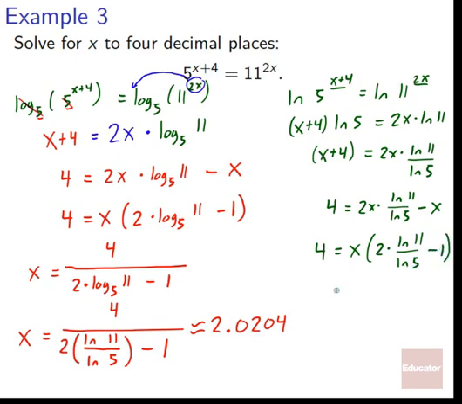We divide that over, and we get 4 over 2 times natural log 11 over natural log 5 minus 1 equals x, which is the exact same thing that we had when we did it by using log base 5. So really it's just a question of, are we prolonging the change of base or causing the change of base to sort of happen as we take a log in a different base. So two different ways to do it.